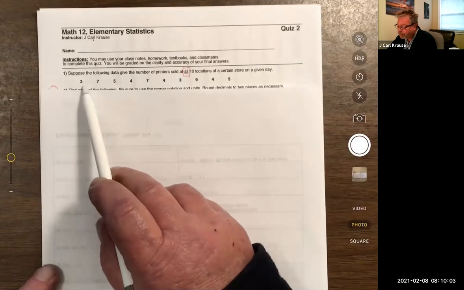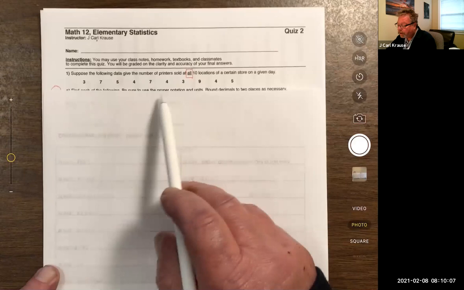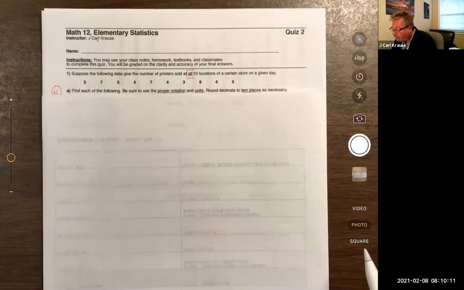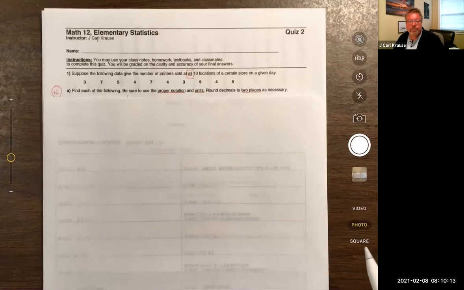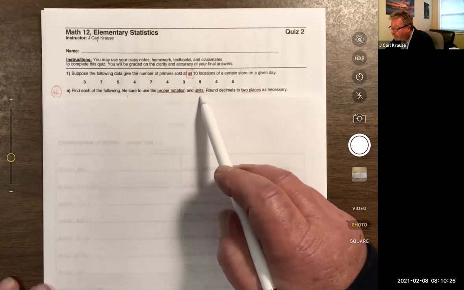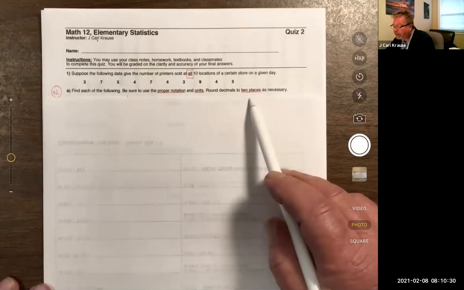So 3 printers sold here, 7 sold here, 5 printers sold here, and so on. So the units in this data set are printers. Now, here's the first thing. It says find each of the following. Be sure to use the proper notation and units. That is critical. And we'll talk about what I mean by proper notation, what I mean by units. And then it does say round decimals to 2 places as necessary.